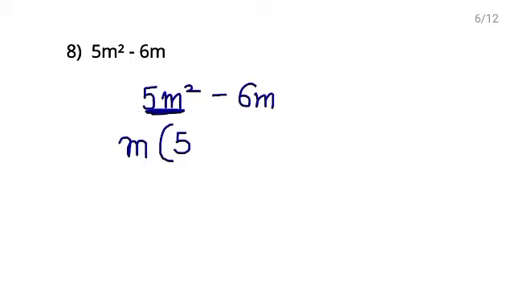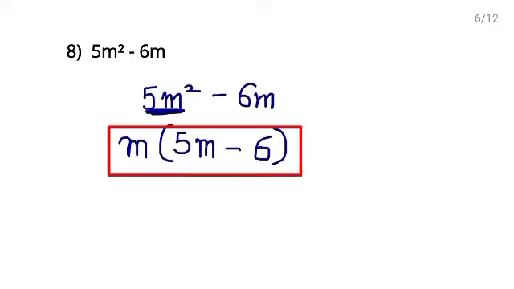It means m raised to the power 1, so m की पावर 1 आपने already बाहर कॉमन लिया है, so you are left with m raised to the power 1. 1 पावर बाहर ले ली ना, so you will be left with 1. Minus 6m was there, but you have taken m outside the bracket, so you are left with 6 only. So this is your answer, m into 5m minus 6.